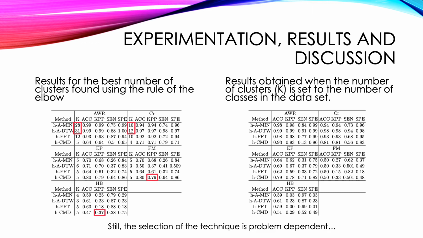We ran two different experiments. In the first one, we let the number of clusters vary, and we used the elbow rule to determine the best number of clusters. And if you pay attention to the remarked results for the articulated word recognition and the cricket, the APCA methods perform very well, finding a number of clusters very similar to the number of classes. And on the other datasets, well, there is no clear winner.